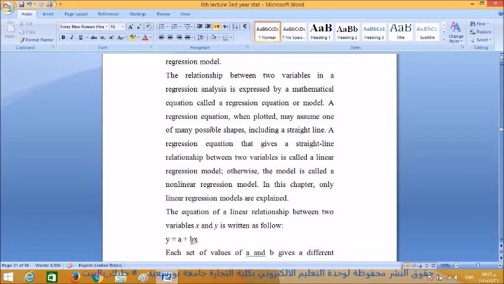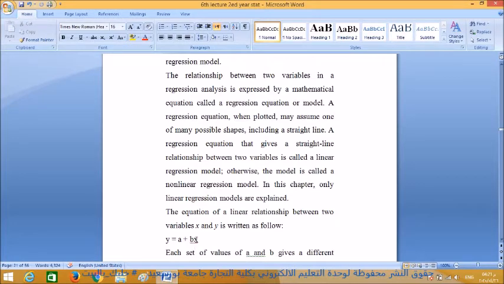And b is called the coefficient of regression or the regression coefficient. What's the meaning of the regression coefficient? We will see what the meaning of a and b is later.